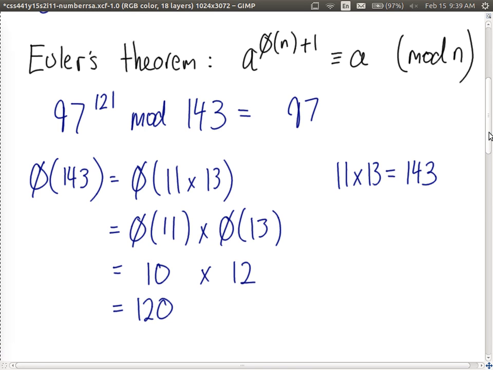So we've gone through most of the principles of number theory. We've got one more concept to cover.